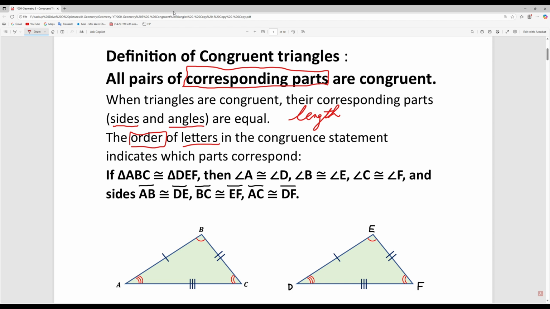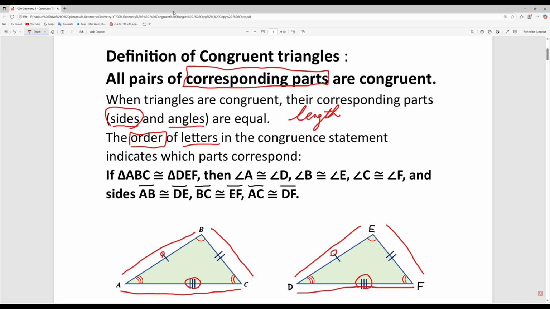So let me show you. Side AB, do you see I have one mark here, and the same one mark here, DE. Side AB equals side DE. And when we talk about two marks here, BC equals EF, and we have three marks here, AC should equal DF.